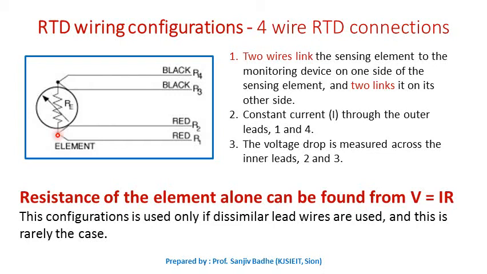So current is passing through Re, so voltage across the sensing element will be equal to I into R. So that voltage is measured across lead 2 and lead 3. So by measuring that voltage, the resistance of the sensing element can be calculated. So even though this 4-wire configuration is available, it is used only if dissimilar lead wires are used, and this will be a very rare case, and most of the time we will go for a 3-wire configuration.